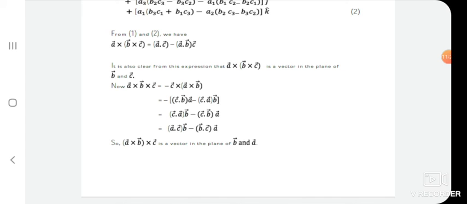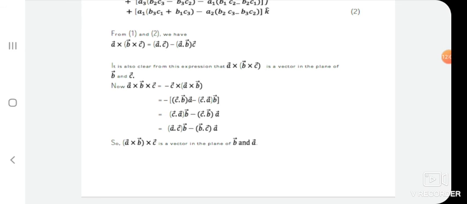So, A cross B cross C is a vector in the plane of B and A. A cross in bracket B cross C is a vector in the B and C plane, whereas in bracket A cross B cross C is a vector in the B and A plane.